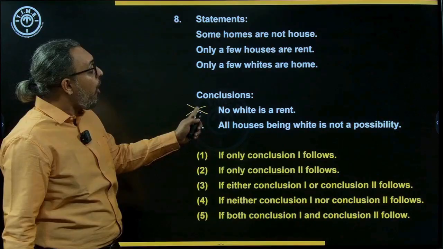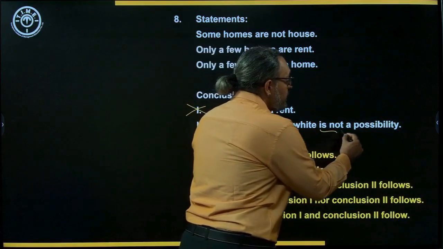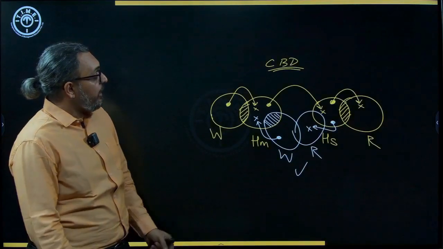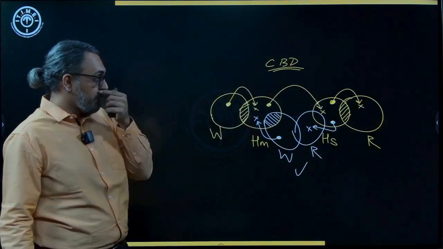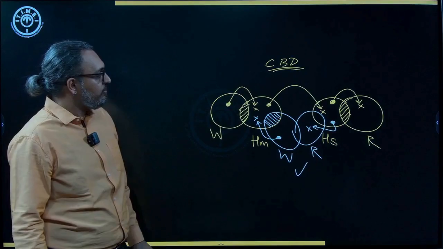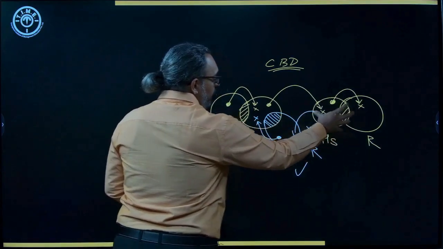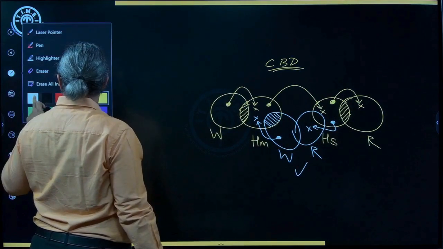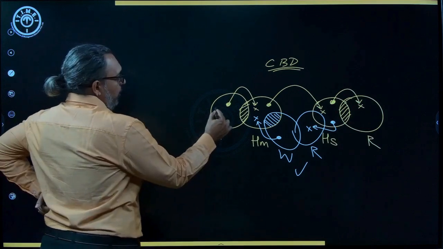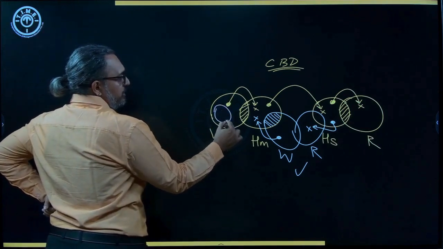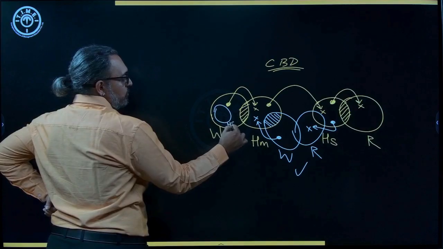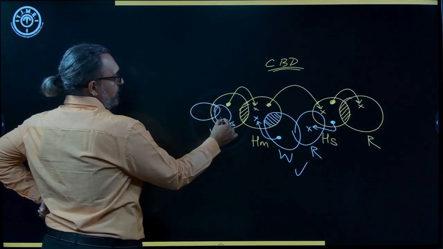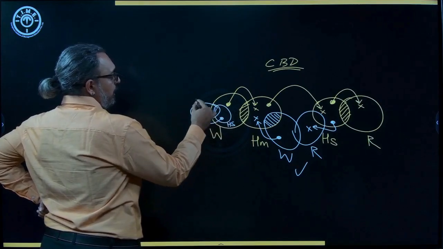The second one, all houses being whites is not a possibility. Let's check all houses being whites. Can I take all the houses inside whites? Can I take completely inside? Yes, there is no problem at all. Like this I can take all the houses inside whites. This is the house. Then house and rent, I can draw it like this, so that there are some houses that are not inside rent.